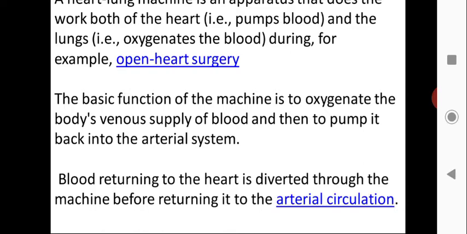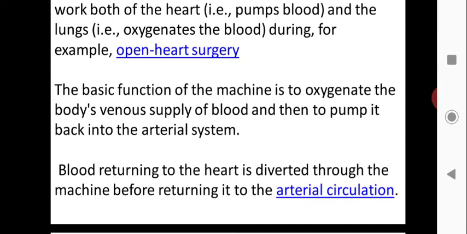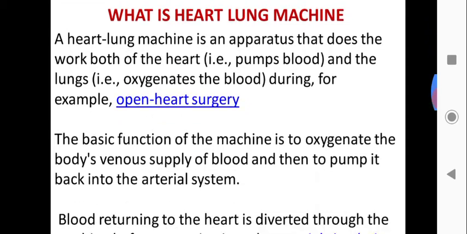The blood returning to the heart is deoxygenated blood. It is being diverted to the machine, that is, to the oxygenator. From the oxygenator, it is fed to the pump, then into the arterial circulation. Fine, I think you understood what a heart lung machine is.